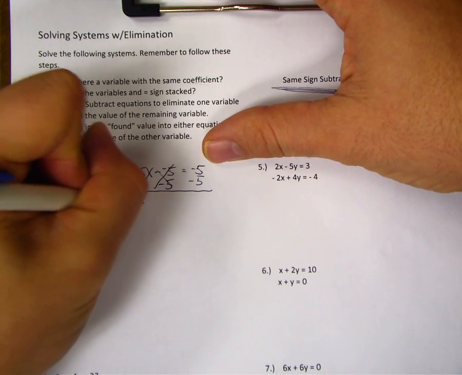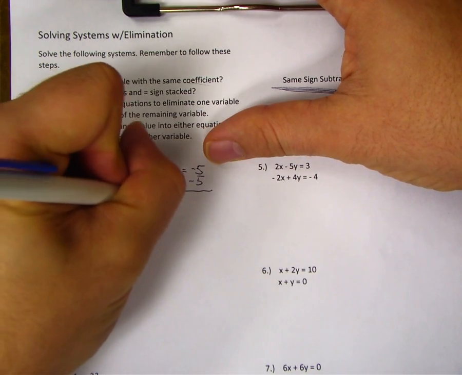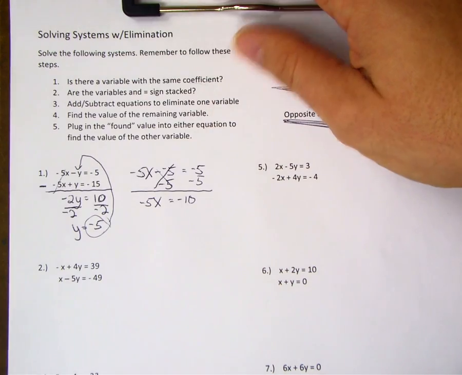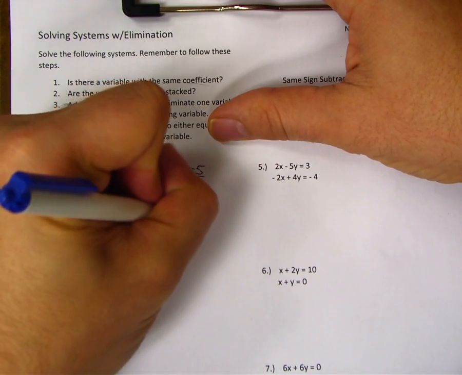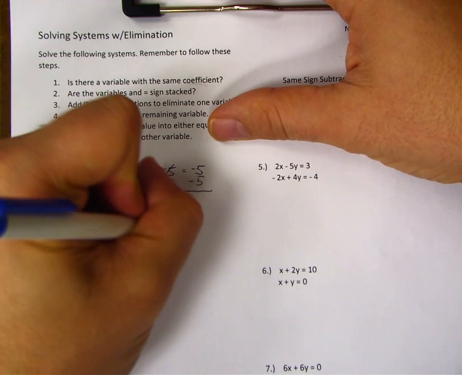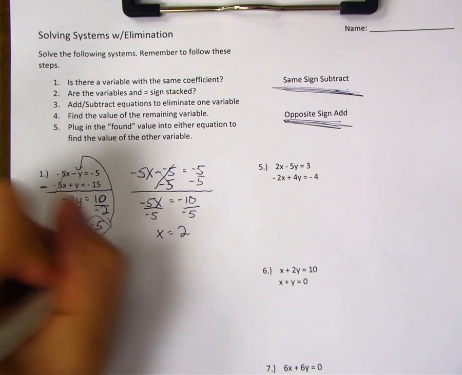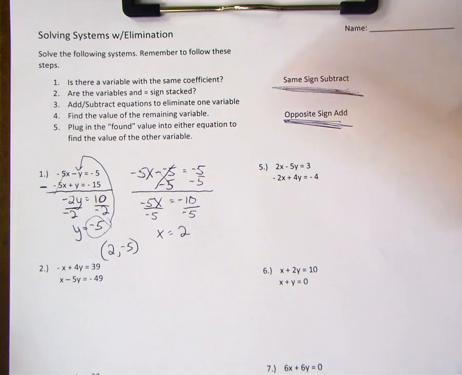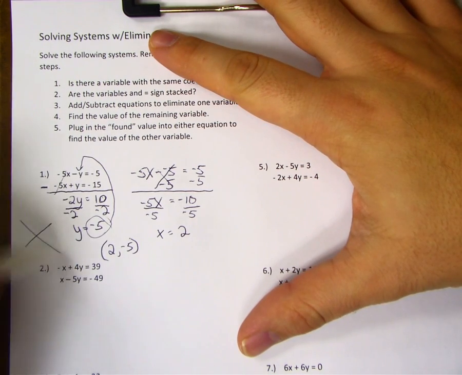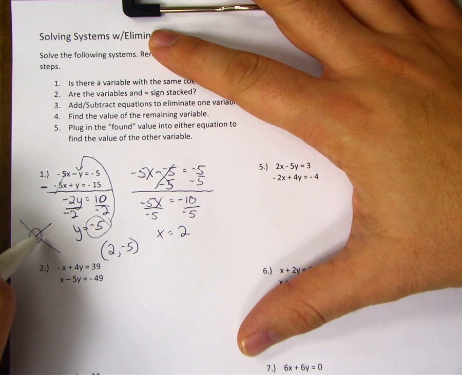And then I bring it down. I've got negative 5x equals negative 10. And divide by negative 5 on both sides. And I get x equals 2. So the solution is 2 comma negative 5. If I were to graph these, they would cross. They would intersect here at 2, negative 5.